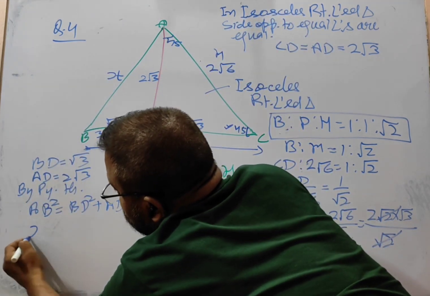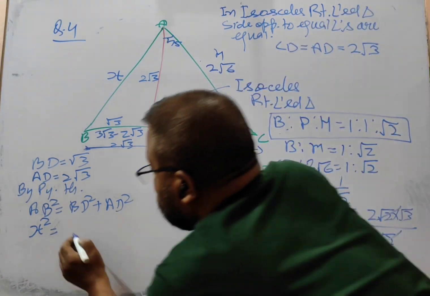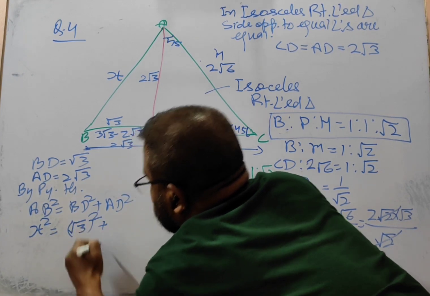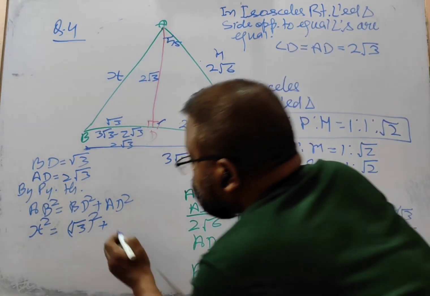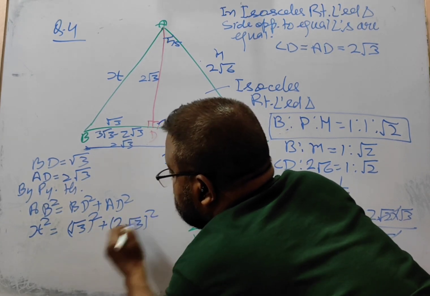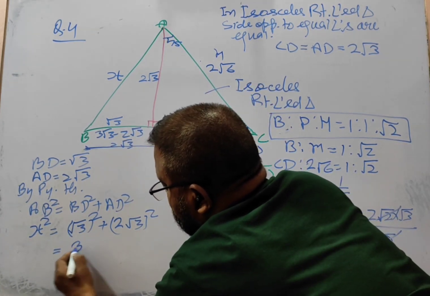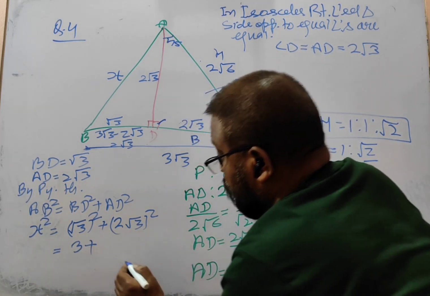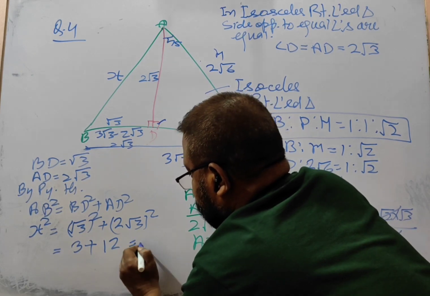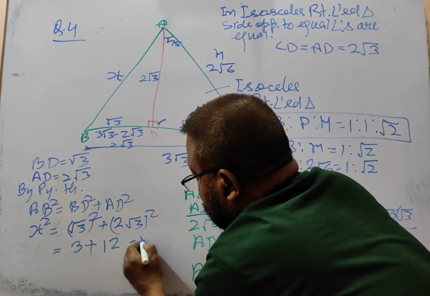So X square is equal to BD, which is root 3, whole square, plus AD, which is 2 root 3, whole square. Root 3 square is 3, plus 2 root 3 square is 4 into 3, which is 12. 3 plus 12 is 15.